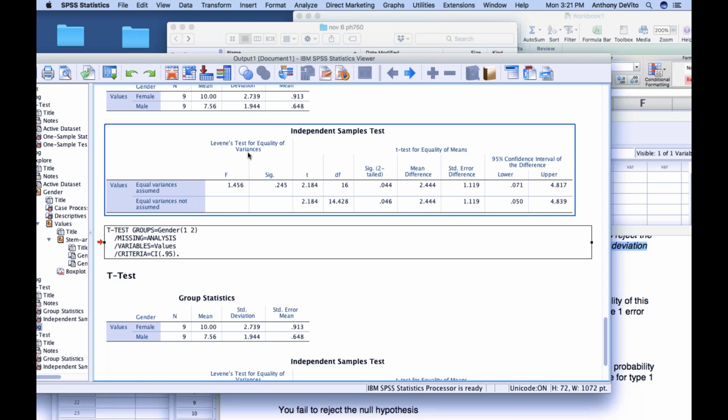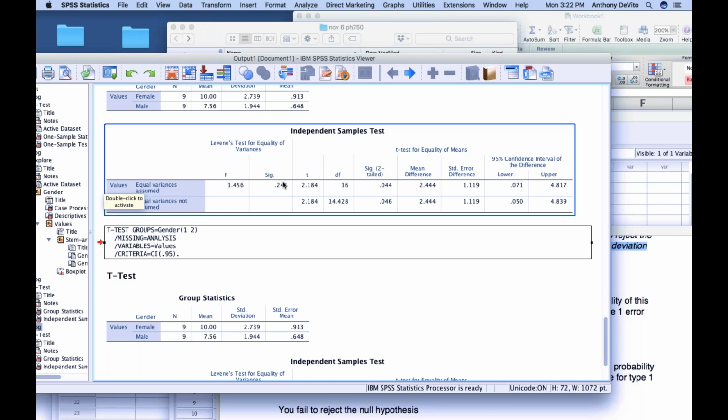Well, what if we use Levene's test for equality of variances? You start off with the null hypothesis that the variances are equal. So you start off with the top line, and you only use the bottom line if you reject that they're equal. What tells you if they're equal or not? This calculation F is a statistic, and the probability of being wrong if you reject the idea that they're equal is 0.245.